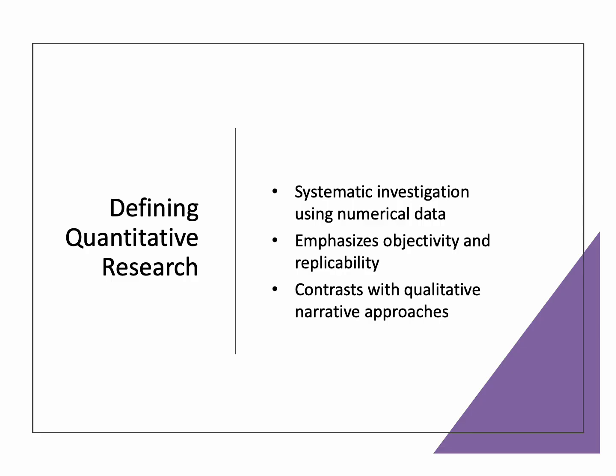Objectivity ensures results are unbiased, achieved through standardized tools like surveys or clinical trials. Replicability allows other researchers to verify findings, enhancing reliability, e.g., replicating a study on medication adherence across clinics or retesting income inequality models.